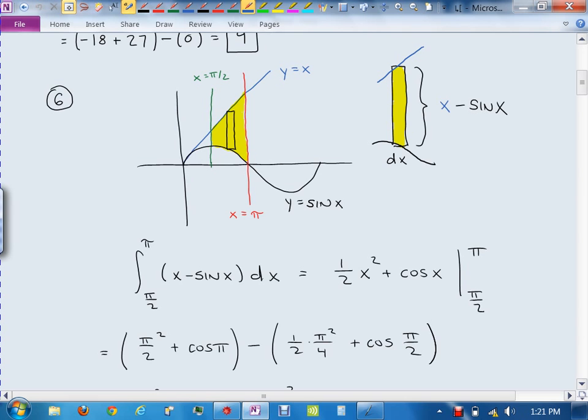Do y'all see how that works? And that helps you set up the integral, top minus bottom, and then your limits of integration. And then from there, you go. But again, the challenge is going to be the drawing of it, right? This part is, I think, the most difficult part of the whole thing.